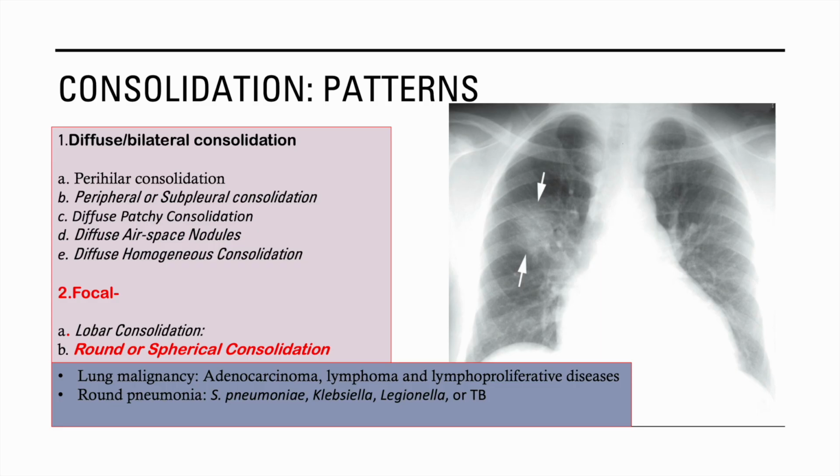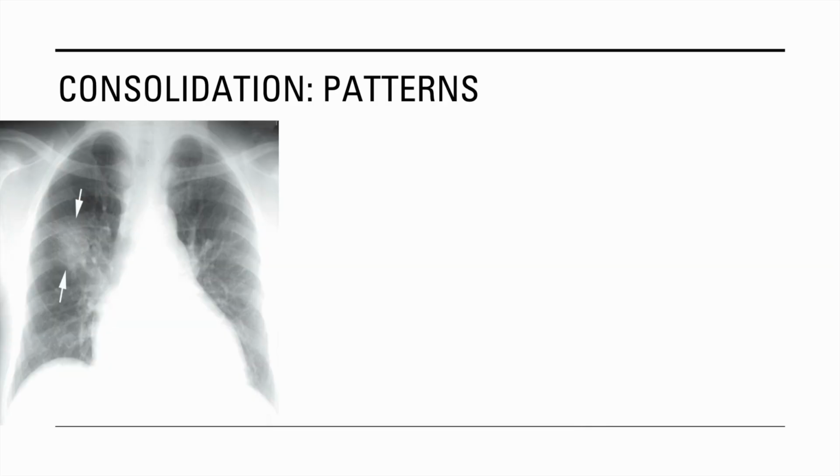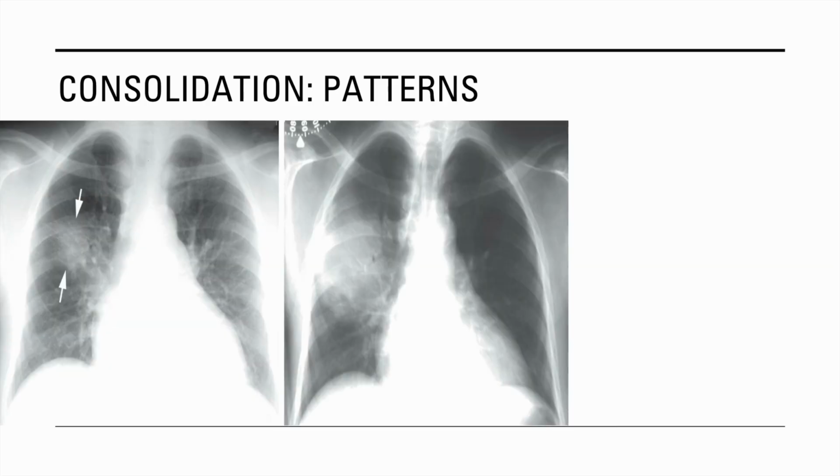Round or spherical consolidation is most often caused by malignancy or round pneumonia. Round pneumonia is an early stage of bacterial pneumonia that can later progress to lobar pneumonia. This chest X-ray shows round pneumonia due to Legionella. In follow-up, the disease progressed to lobar pneumonia.